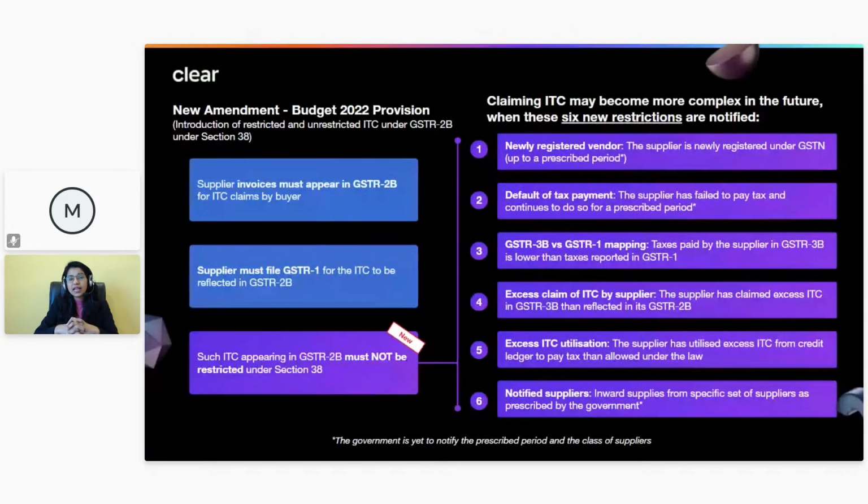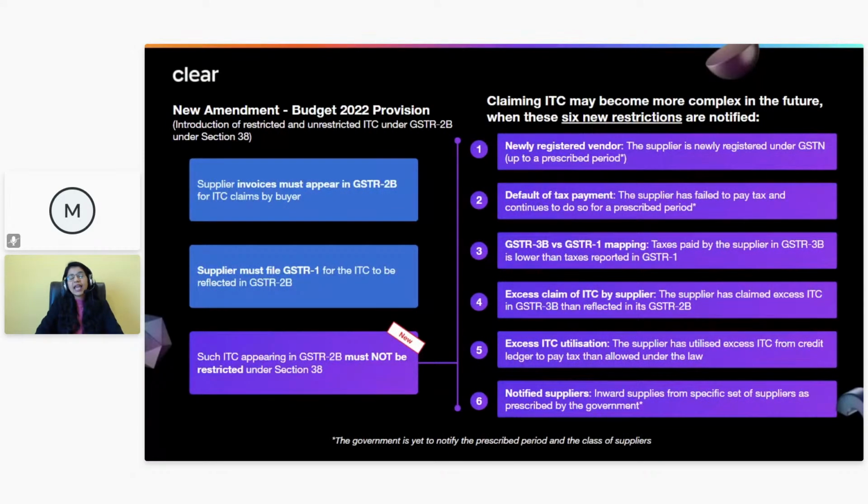Or if there is a difference between GSTR 1 and 3B, and the liability paid in 3B is less than the liability shown in GSTR 1, then also in such cases you have to look into this and you can't claim the ITC. Another change is that if there is an ITC which is claimed by the vendor in GSTR 3B and it is more than what is actually reflected in 2B, then also you cannot claim the ITC.